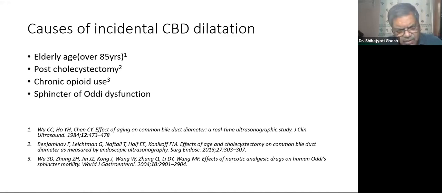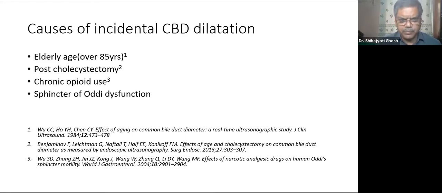Now, coming to the causes of incidentally dilated bile duct, we should remember that there may be physiological causes, and there may be some adynamic causes, and there may be some dynamic causes. So physiological causes, we can say that in the elderly age group, particularly over the age of 85, the common bile duct tends to dilate a little bit.